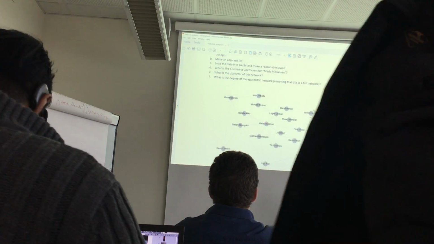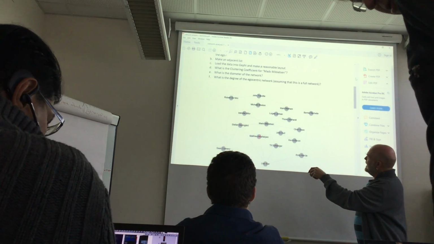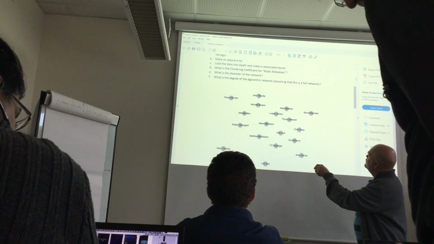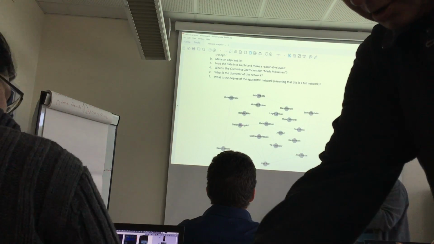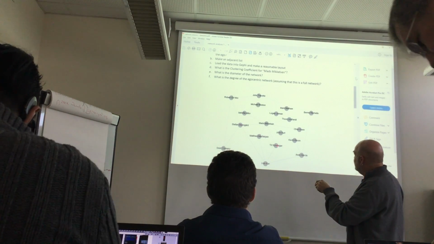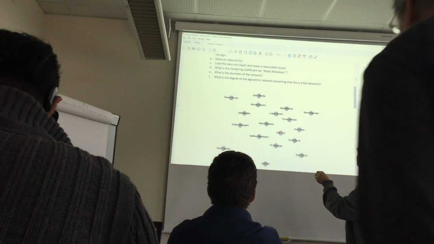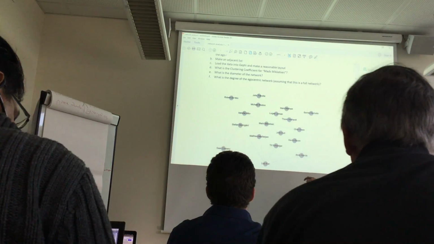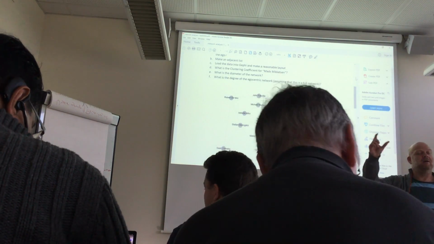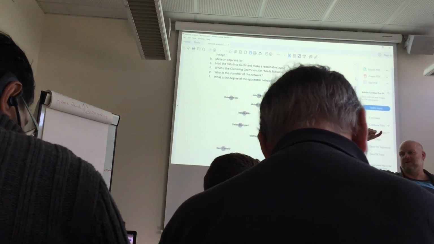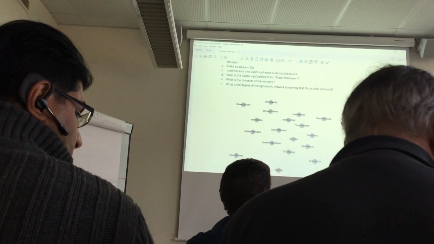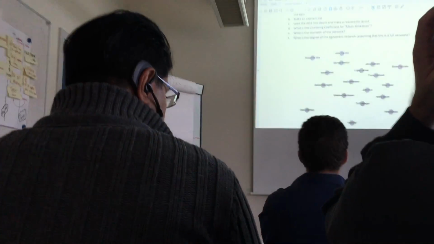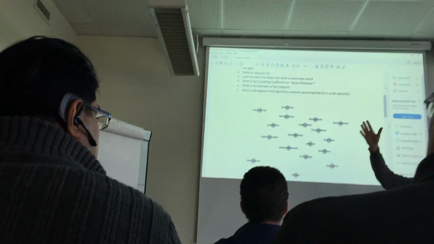So if we start here, we have 1, 2, 3, 4, 5, 6, 7 friends. So it's 7 times 6 divided by 2. So that's 21, isn't it?